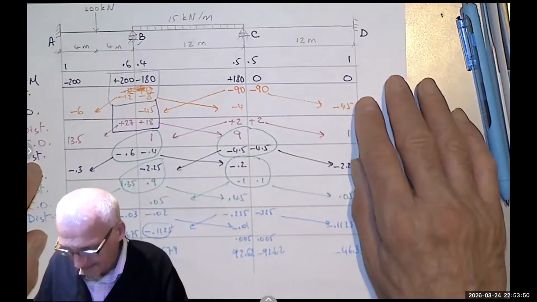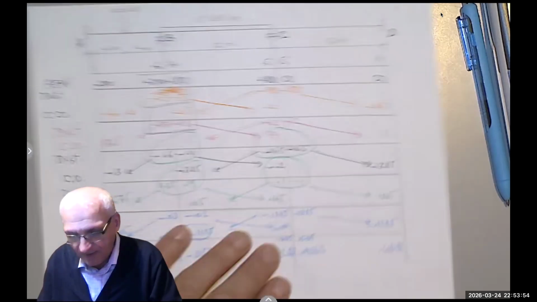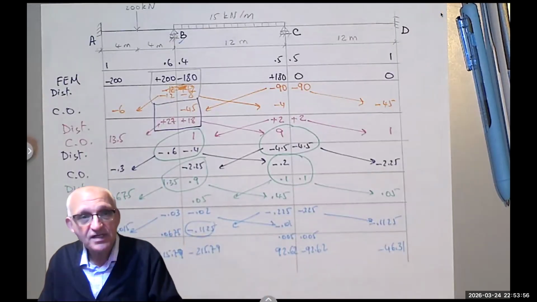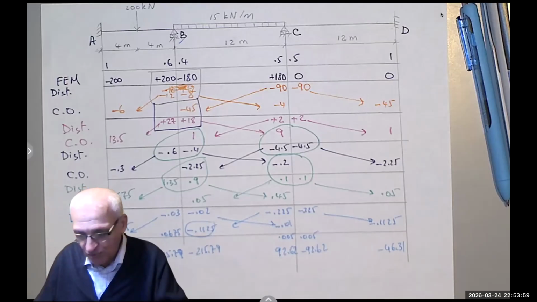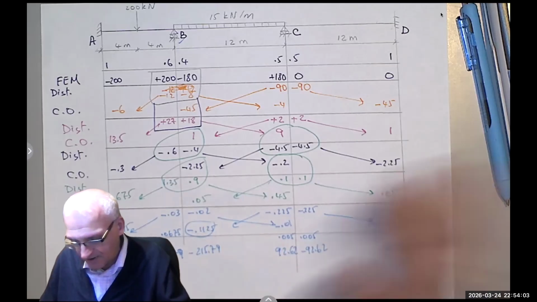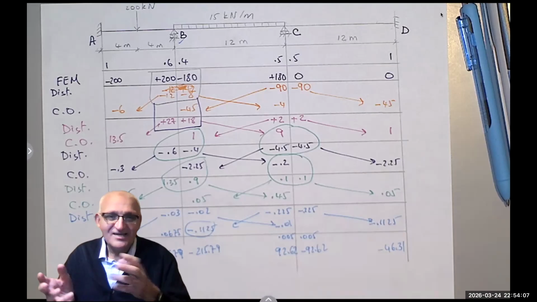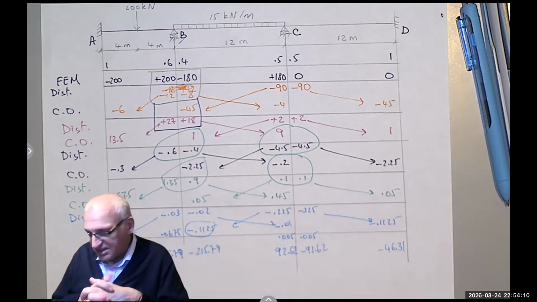I hope this will explain to you how we find distribution and carryover. And once you do a carryover, you can stop when they are very small decimal parts. It's 0.11. It's very small. It's like a good approximation.